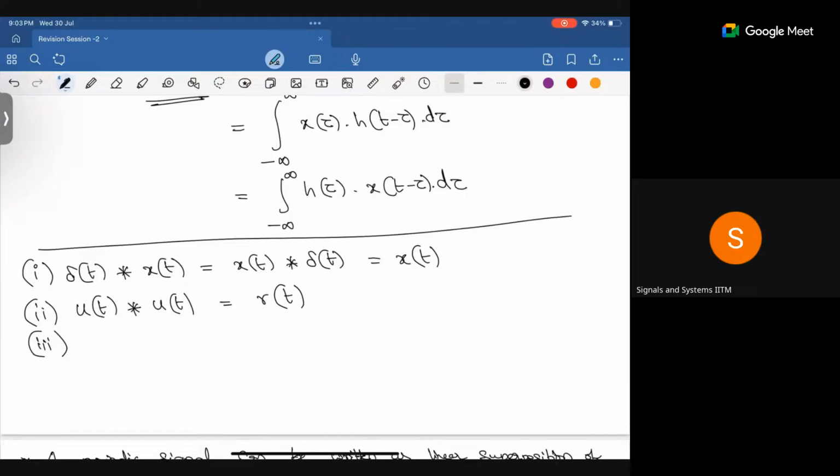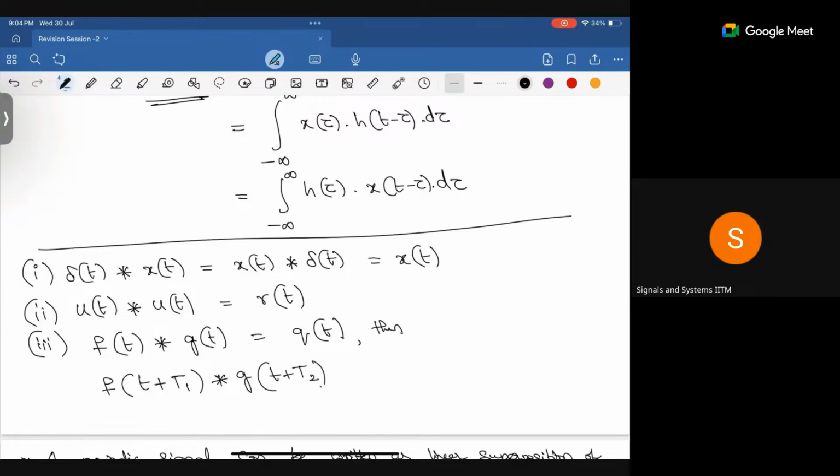The next important property that is really useful for all of us: if I know that two signals convolve and give me some signal q of t, then f of t plus some shift and g of t plus some other shift, their convolution will be q of the summed up delays.